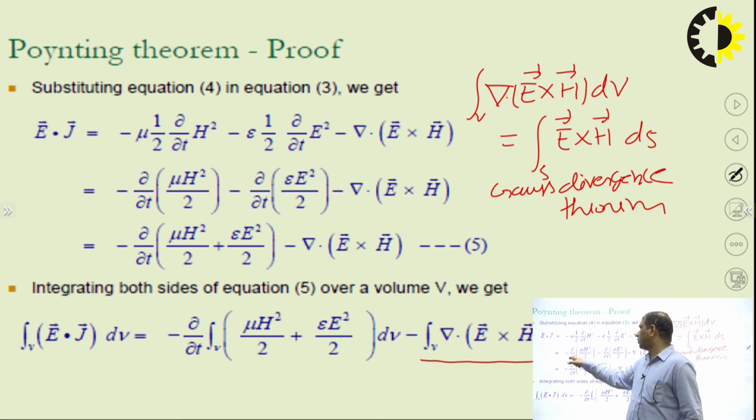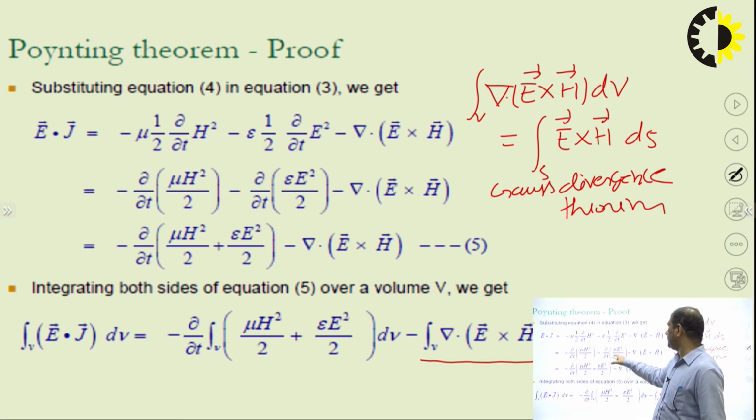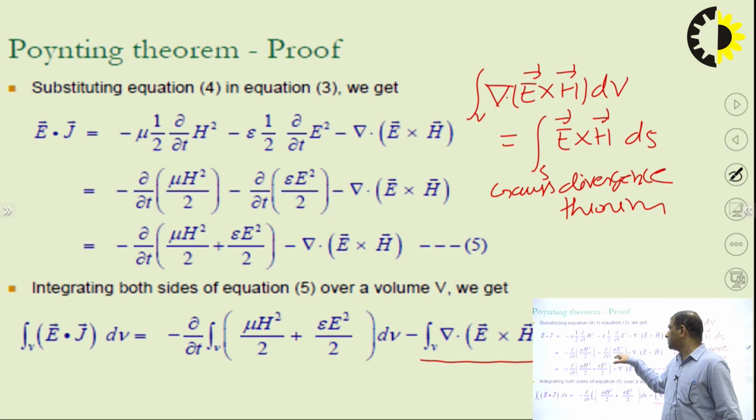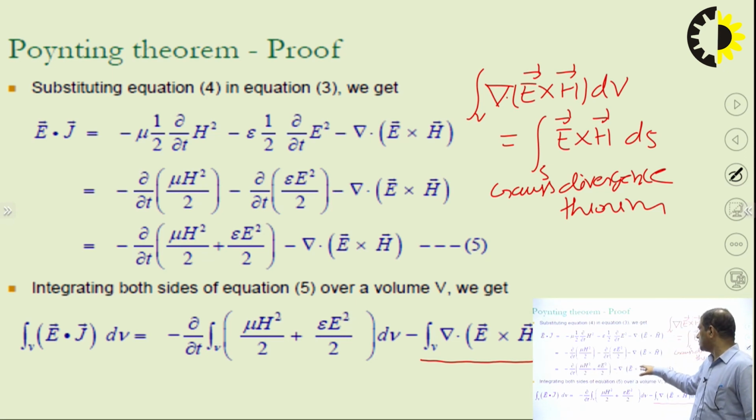So this will be E dot J is equal to minus d over dt mu H square by 2 minus d over dt epsilon E square by 2 minus divergence of E cross H. So this value of E dot J is equal to minus d over dt. We have combined these two terms and taken the differentiation outside the bracket. So E dot J is equal to minus d over dt mu H square by 2 plus epsilon E square by 2 minus divergence of E cross H. This is our equation number 5.